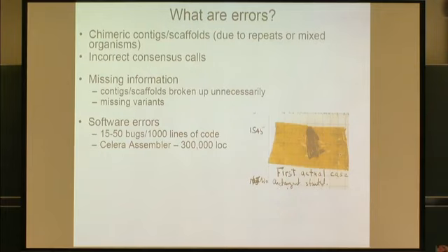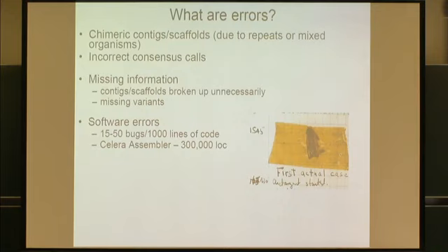But there are also things like software bugs, and this is one of the first computer bugs ever, and it's actually a bug. And it's actually stored in a museum. I don't remember which museum it sits at, but there are lots of computer bugs, and software engineers will give you some number between 15 and 50 bugs per 1,000 lines of code.